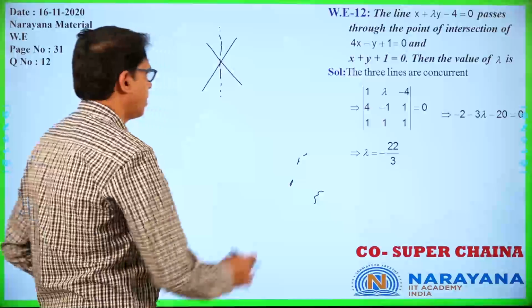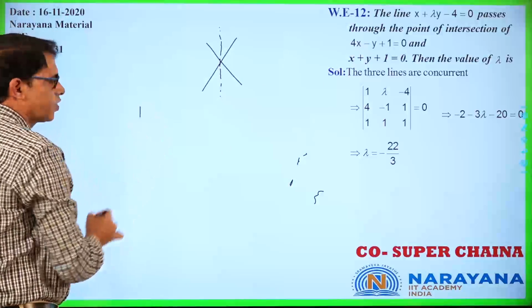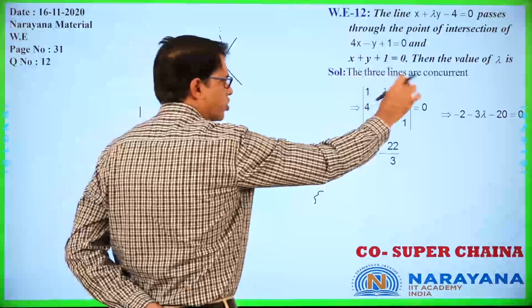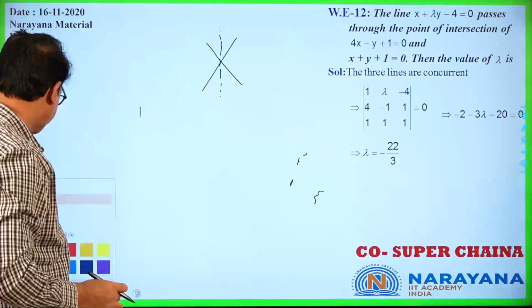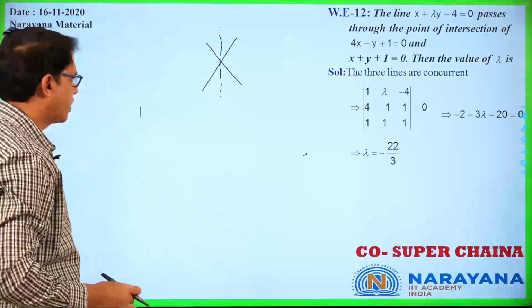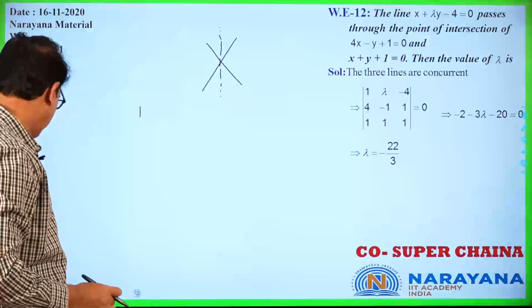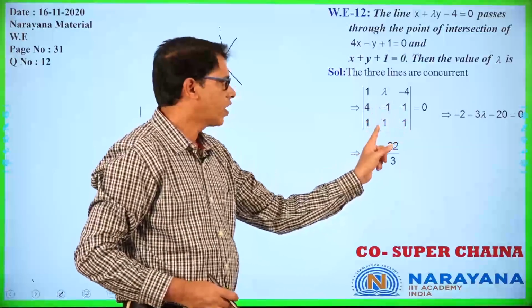See here how to expand the determinant. 1 into, exclude this row and this column. If you exclude this row and this column, we are left with 4, minus 1, 1, 1, 1.